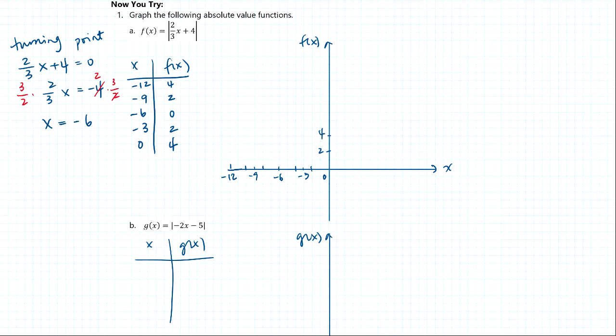Now, plotting all the points, I have these points that I'm focusing on. And lastly, 0, 4. You can see all the points should be, again, symmetric along the axis of symmetry going through the turning point.